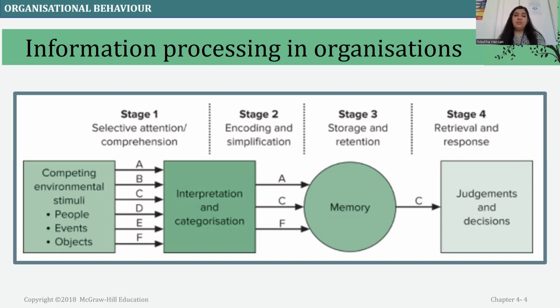And if you look at the bottom of the picture, it says competing environmental stimuli, for example, people, events, and objects. They are interpreted and categorized, then stored in the memory, and then you make judgments and decisions.